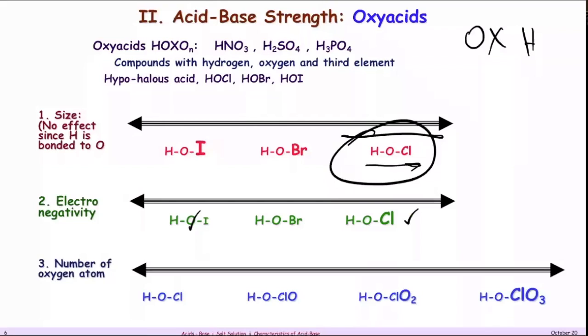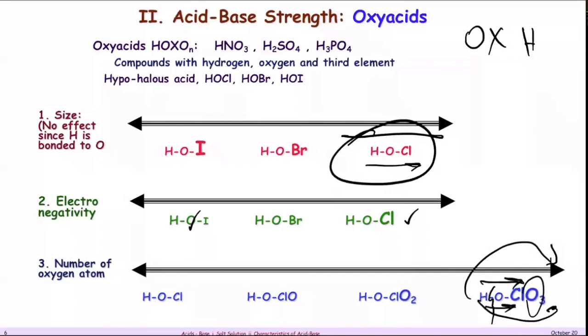If you change the number of oxygens, say we keep the second element consistent, chlorine, chlorine, chlorine and all, but now we change the number of oxygens. Oxygen is one of the most electronegative elements. It's only second to fluorine. That means that you're really withdrawing electron density from that oxygen-hydrogen bond, making this a lot weaker because the electrons are all going towards those oxygens.